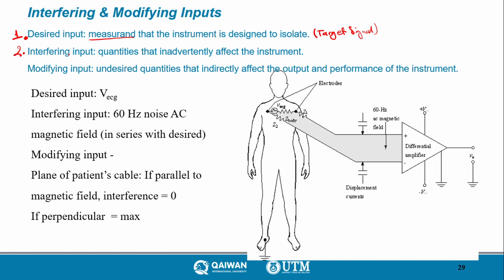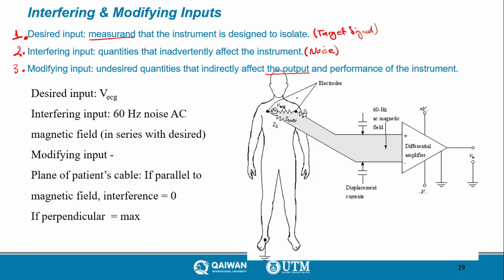Second point is interfering input quantities that inadvertently affect the instrument and can be considered as noise. Number three, modifying input: undesired quantities that indirectly affect the output and performance of the instrument.